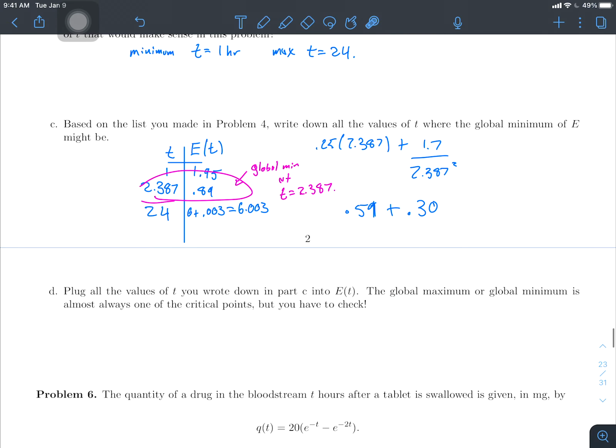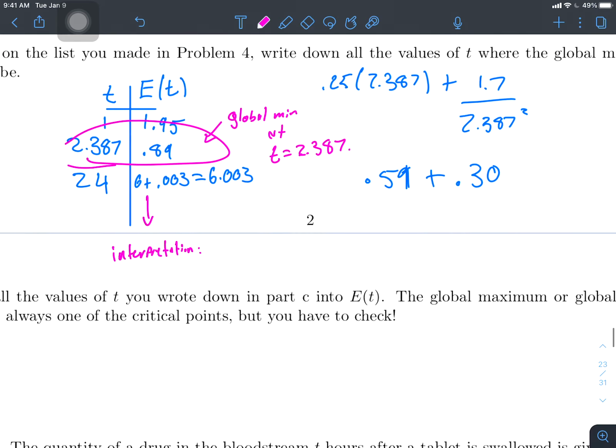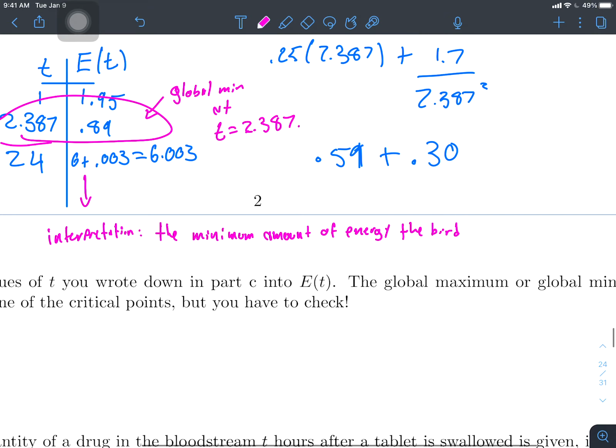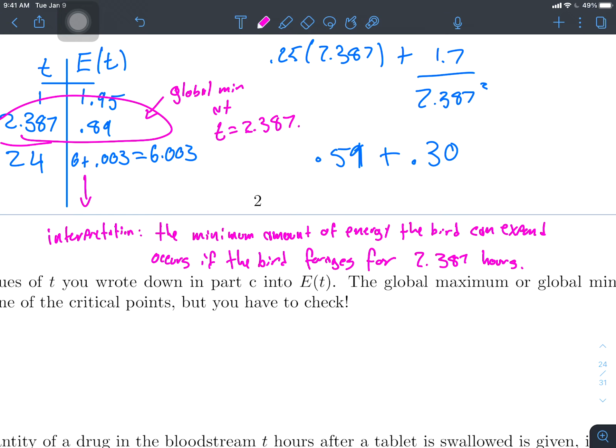So in this particular circumstance, the way to interpret this is: the minimum amount of energy the bird can expend occurs if the bird forages for 2.387 hours.